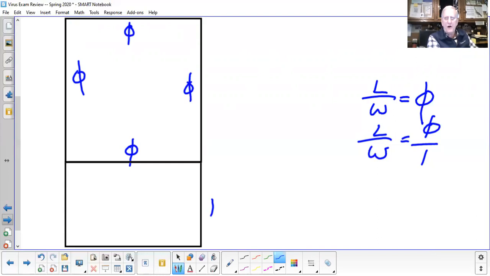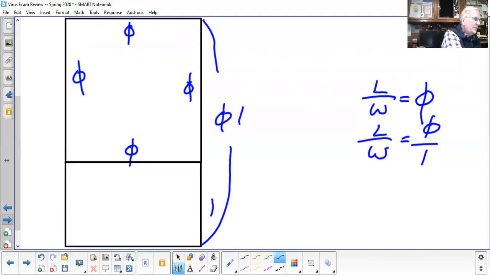Yeah, they're all phi, right? What's the length of this figure from here to here? Wouldn't it be phi plus 1? And what's the dimension down here across this original golden rectangle? It's phi, right?